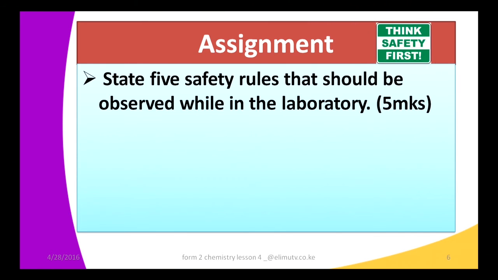You will score 5 marks for this. These 5 safety rules, you have already observed them, so it's just a matter of memorizing and then writing, so that when we meet in the next lesson, we should be able to discuss them.